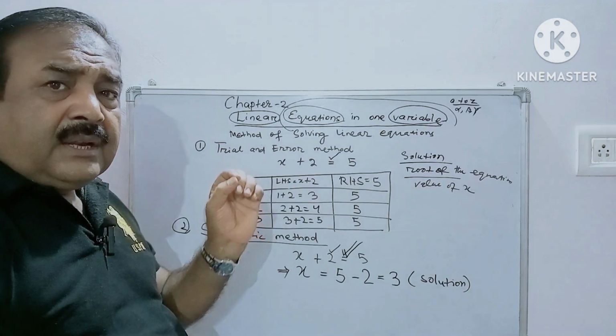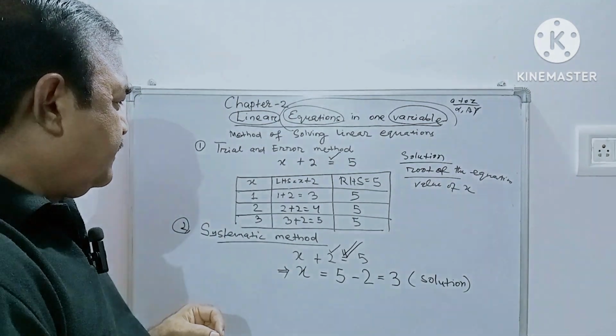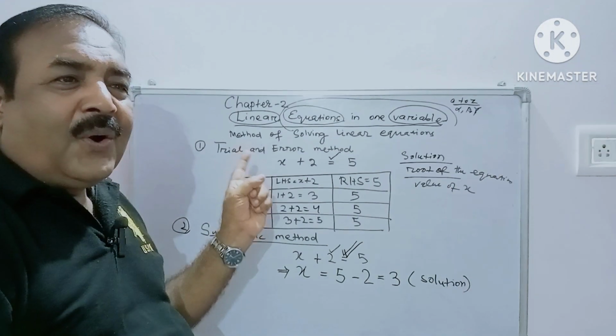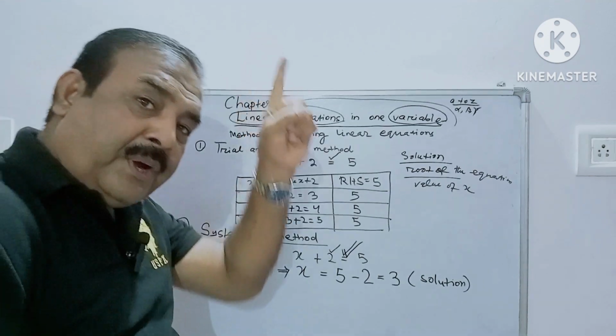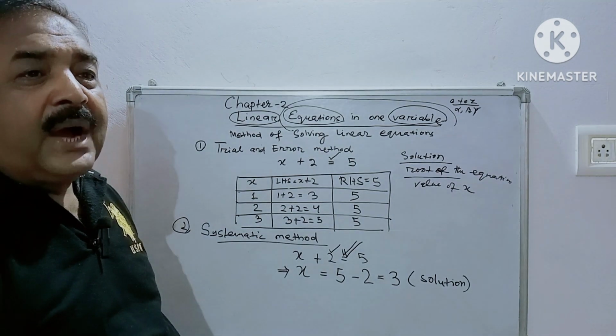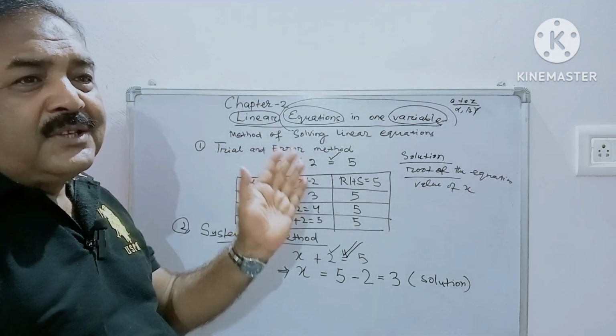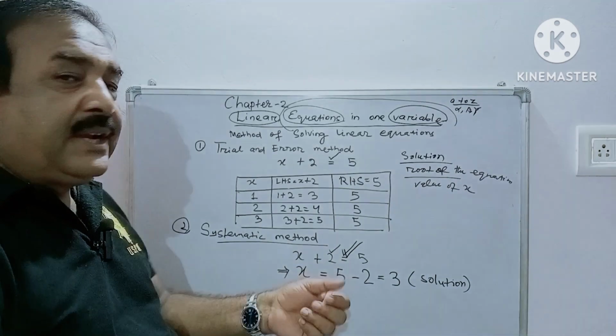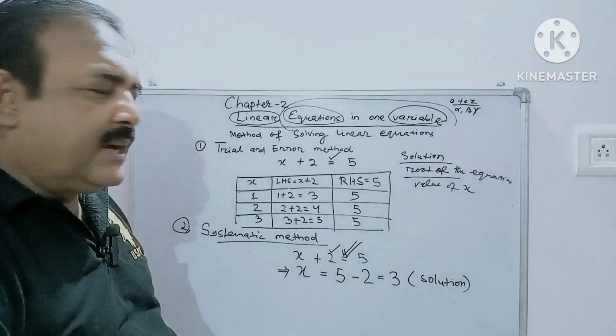But not for all values of the variable, only for the particular value. We will know when we read about identity, for all values of the variable that equality holds good. We will read it later.